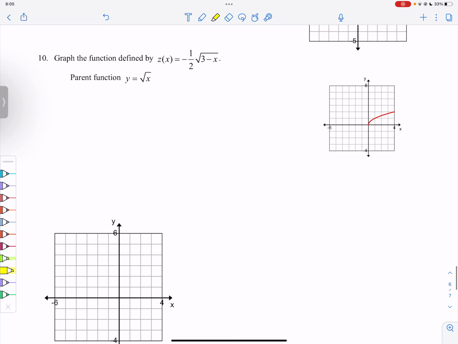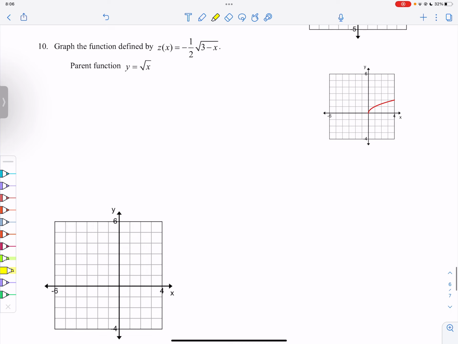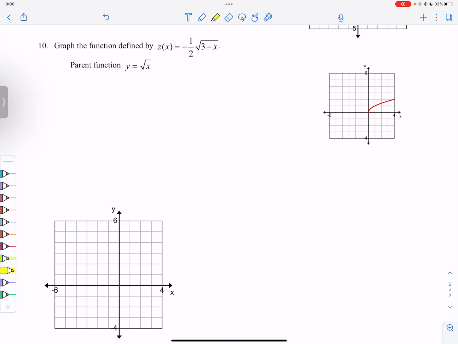So let's give number 10 a try, and then we will just wrap this up. And actually, number 10 is shown below here. And here is just the graph of the parent function that you can work with. And you can mark up.